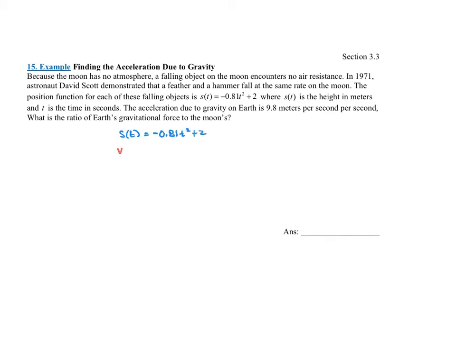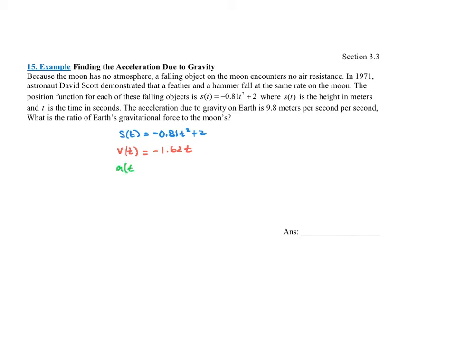So if we want to find that velocity function, we find the derivative of this. Well, this would be negative 0.81 times the derivative of t squared. Well, the derivative of t squared is 2t, so we do negative 0.81 times 2, which would be negative 1.62 t plus the derivative of 2, which is 0. Now we want to find the acceleration.